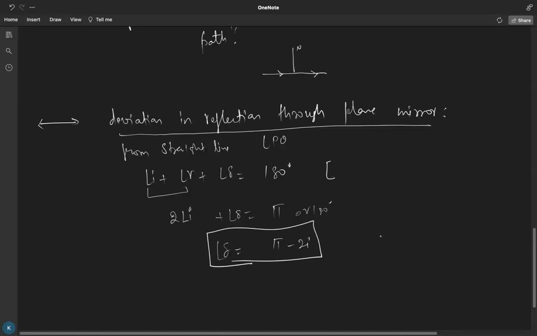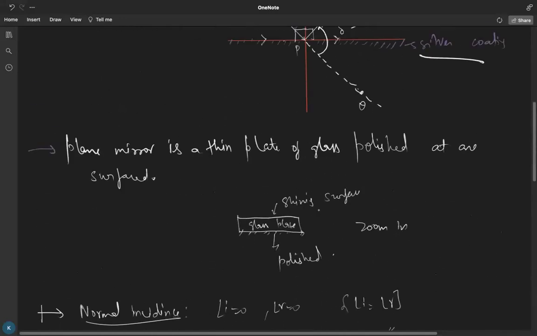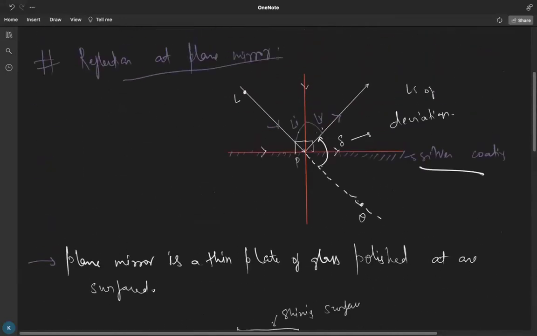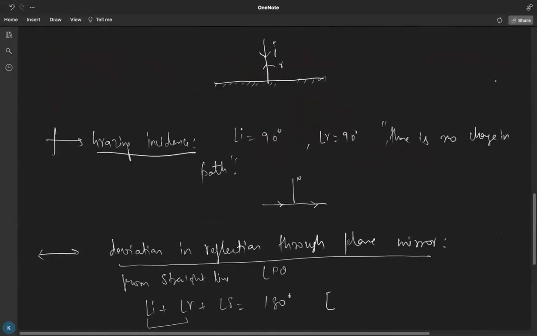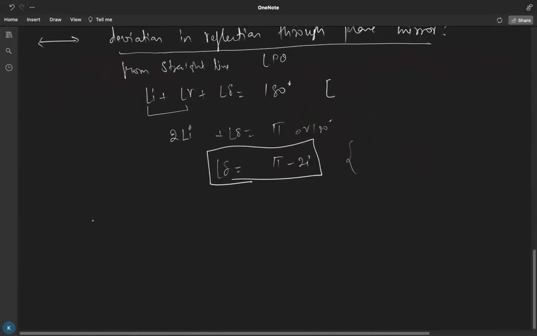One thing you have to note here: I am considering the angle of deviation in the anti-clockwise direction, right? Always consider the angle of deviation to be anti-clockwise if nothing is given.